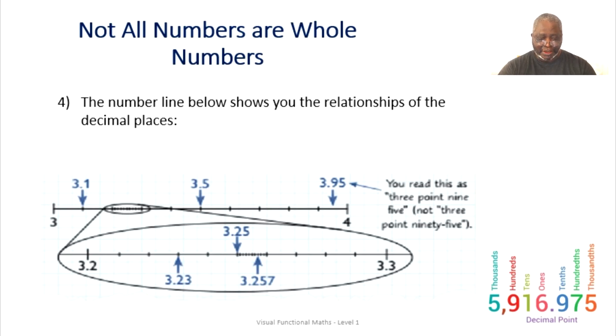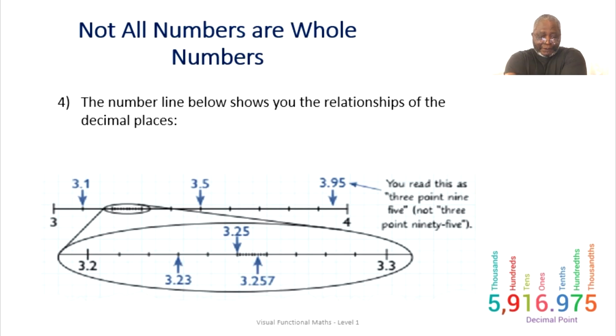You will see that the arrow is pointing at 3.95. That means that 3.95 is over 100. Why? Because that gap between 3.9 and 4 is further split into 10. And you know that 10 times 10 is 100.